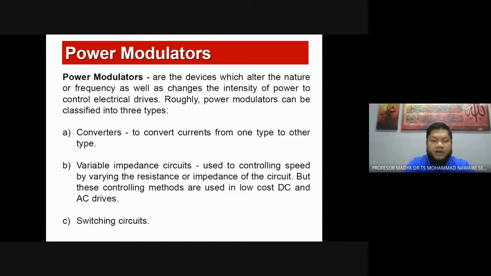Then we also have variable impedance circuits used to control the speed. In the case of induction motor, there is rotor resistance control, isn't it? We change the rotor resistance so that we change the speed of the motor. And then finally, we have the switching circuit. It's a part of the power modulators.